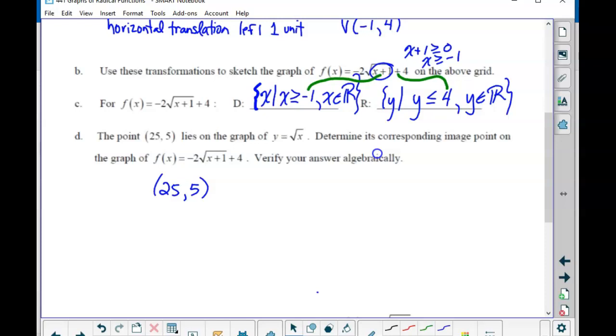So here, if we go through our transformations, a vertical stretch by a factor of 2 means we take the original y value and multiply it by 2. So vertical stretch by 2. Then reflection in the x-axis makes that 10, -10.